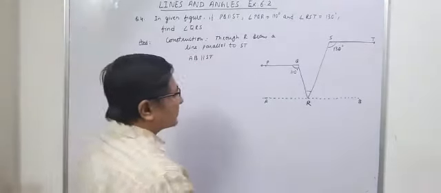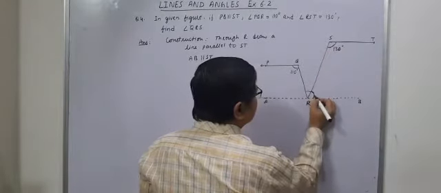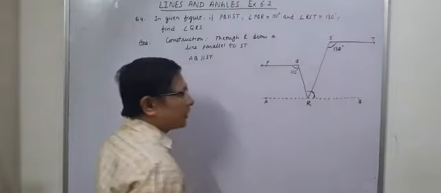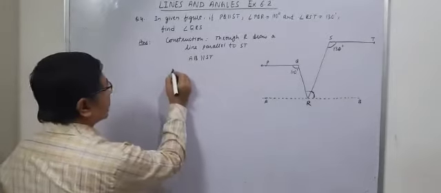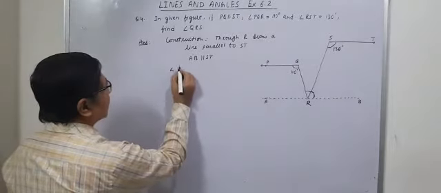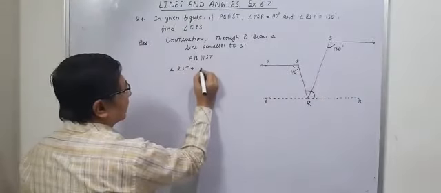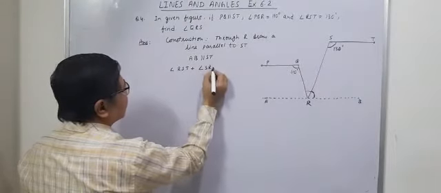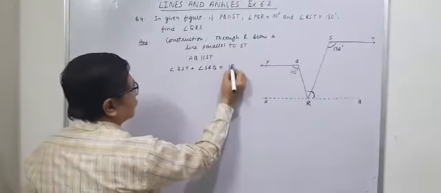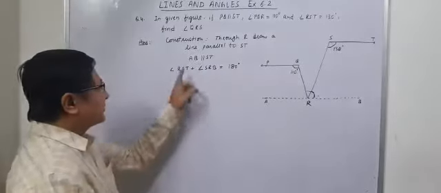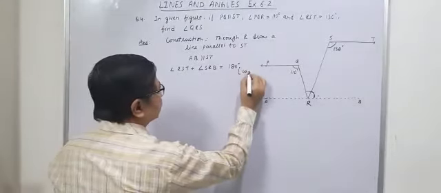Now in the parallel lines, this angle and this angle are co-interior angles, and the sum of co-interior angles is 180 degrees. So I will write angle RST plus angle SRB, that is this angle, is equal to 180 degrees, because AB is parallel to ST. This is due to co-interior angles.